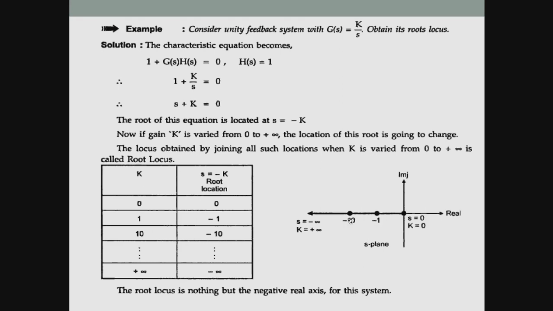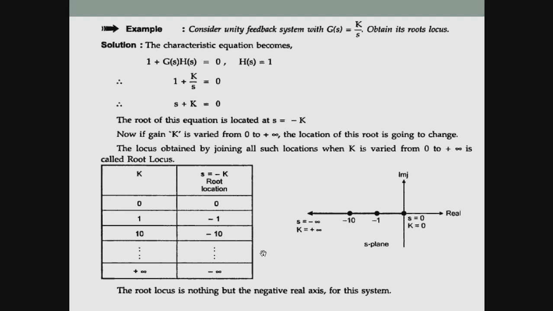Whatever values of K we put, all the values turn out to lie on the negative axis of the s plane, as minus K values. So this is the root locus, which is what we are seeing on this negative axis.